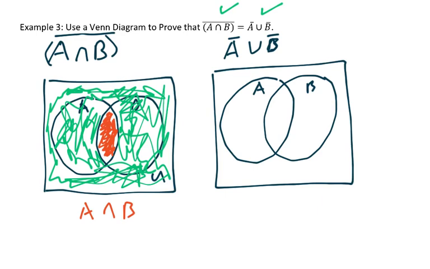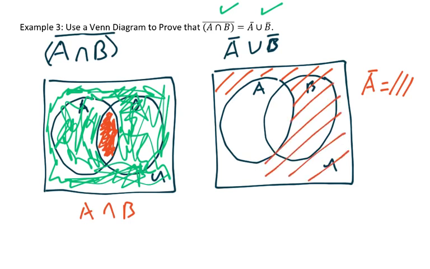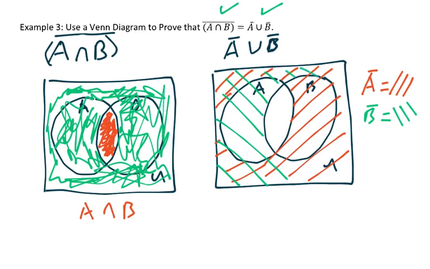A complement would be everything outside of A. All the elements in the universal set that are not in A. So that would be all the regions outside of A. Like that. B complement would be all the regions outside of B, all the elements that are not in B. So that would look like this. Draw that like this.